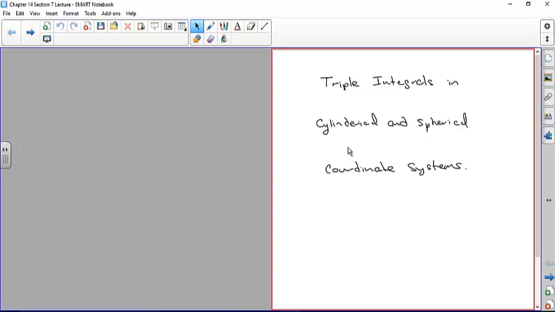So when you get to 3 dimensions, there are 2 other coordinate systems that might be advantageous in doing the same problems. Typically they're cylindrical and spherical coordinate systems. Obviously things that are spherical, like spheres, might be a lot easier to deal with.